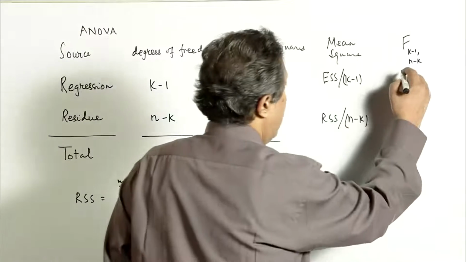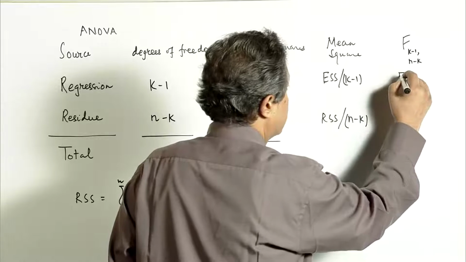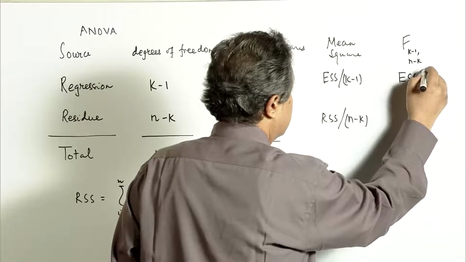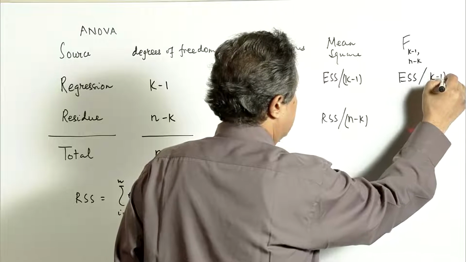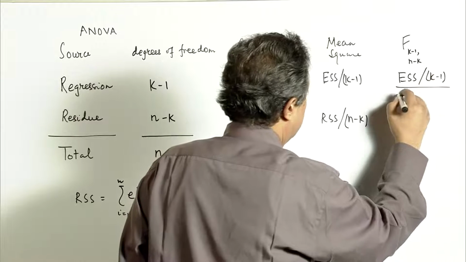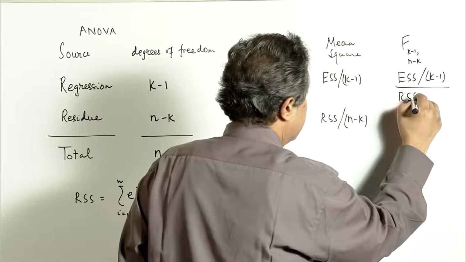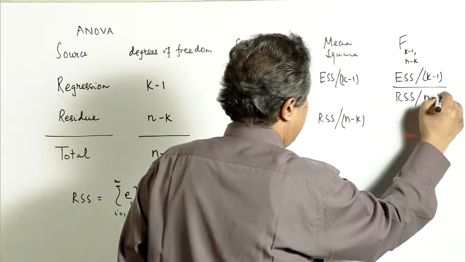So, this F statistic is given as ESS by k minus 1 divided by RSS by n minus k.